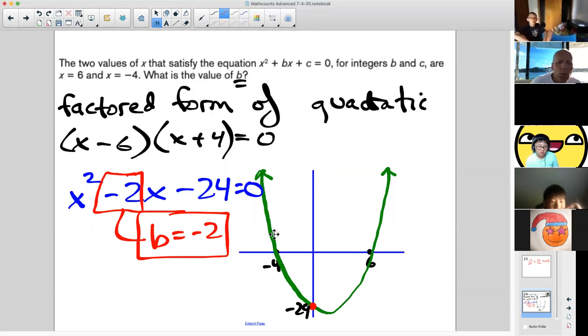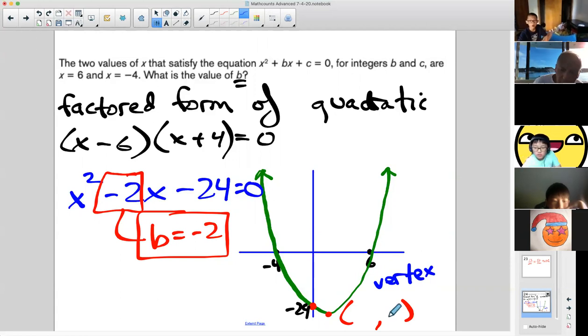Now this is sort of a bonus question. Who can give me the coordinates of the vertex? I want you to send me in a chat, please. And you better put parentheses around your coordinate points, please.